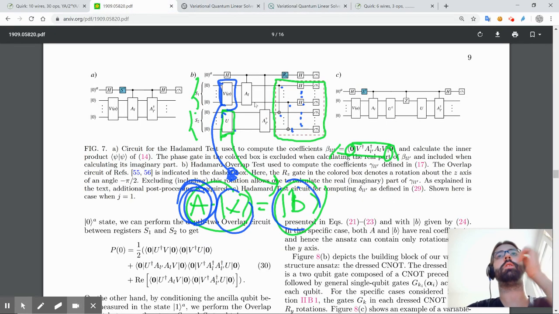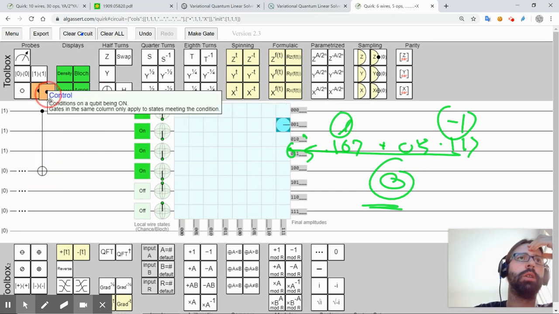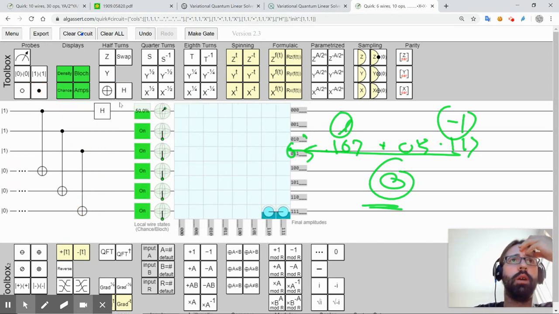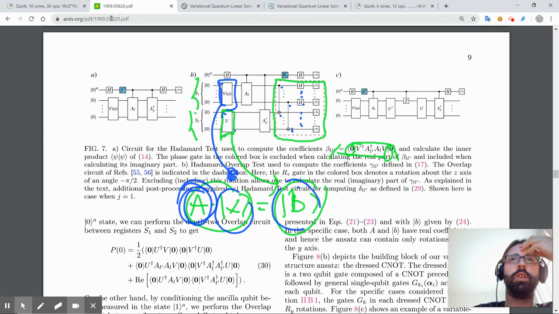So if I do this part here, control not, control not, control not, and Hadamard, is it Hadamard everywhere? Oh no, it's just in the first register, yeah.